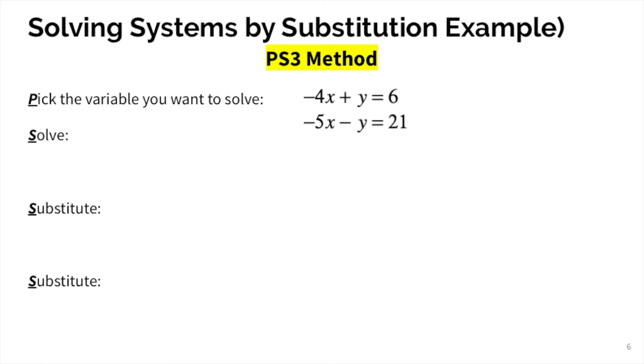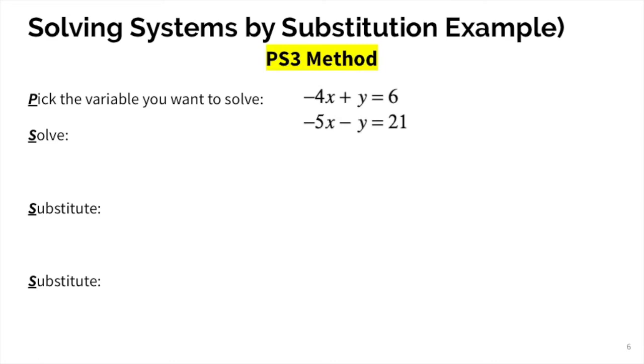So for the substitution method, the first thing that we want to do is just pick the variable that we want to solve. The easiest way to go about picking this is you want to pick the variable in your equation that has a coefficient of +1, right? A +1. And in my first equation, I see that my y variable has a coefficient of +1. Remember, when I don't see a coefficient, the secret coefficient that's hiding there is 1.